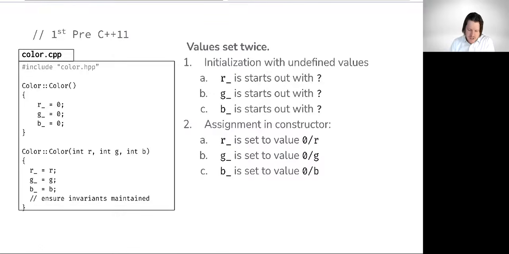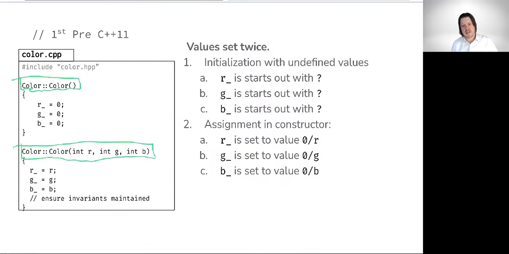So I want to draw attention to this, and this is definitely what I expect you to avoid in this course: pre-C++11 initialization, shall we call it, because what's actually happening here is assignment. If we look at the pre-C++11 way of going about this, you can see a default constructor and a parameterized constructor.